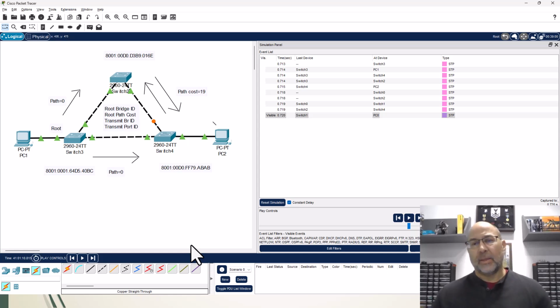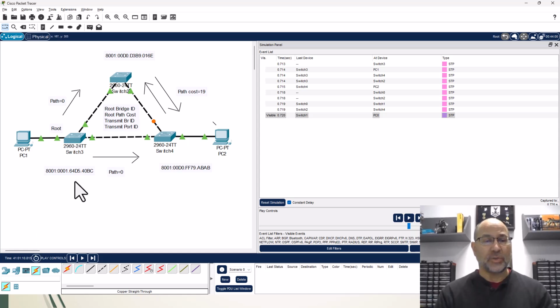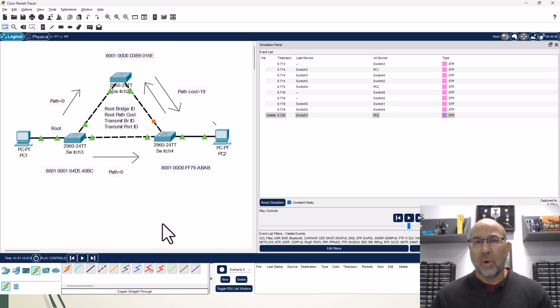So in the BPDUs that we would be comparing, we would say, what's your root ID? Well, the root IDs would be the same. They would be the ID of switch 3. What would be your path cost? My path cost is 19. What's your path cost? Oh, my path cost is 19. So they're the same.